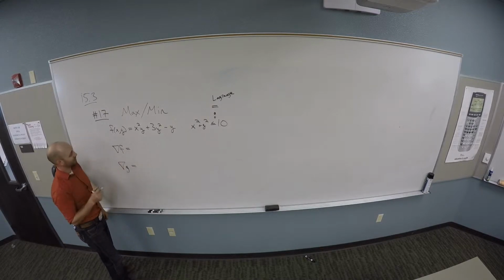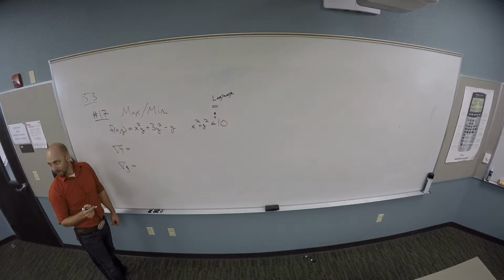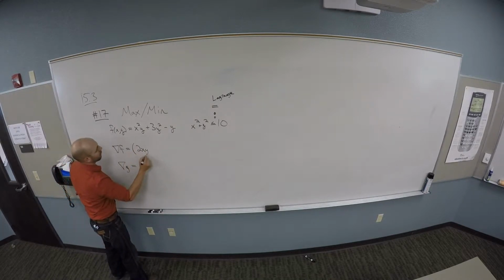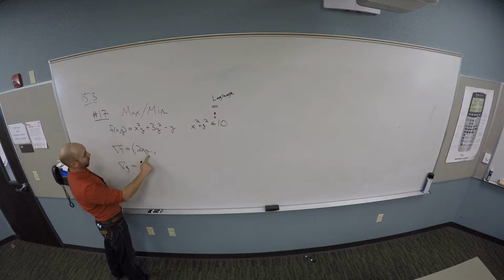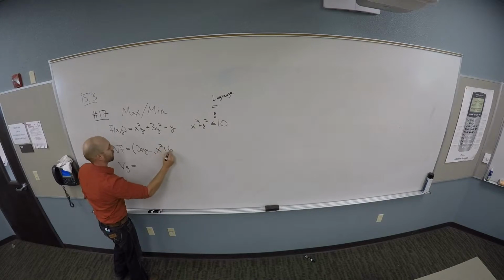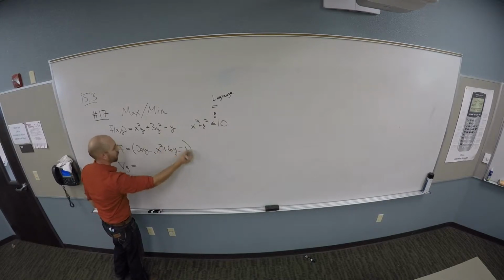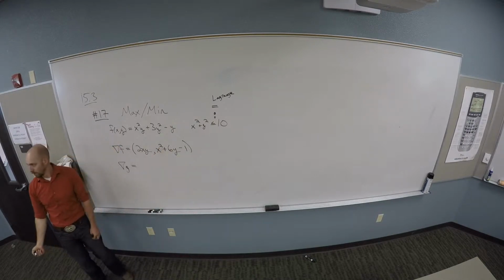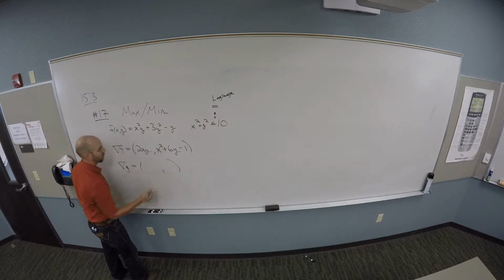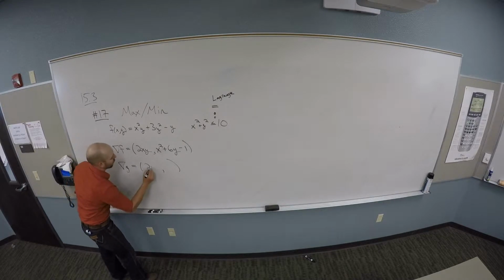Gradient of f is 2xy for the x partial, and x squared plus 6y minus 1 for the y partial. And the gradient of g, hopefully simpler, is 2x and 2y.